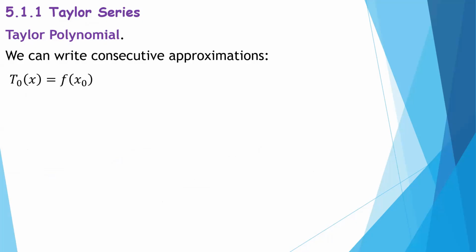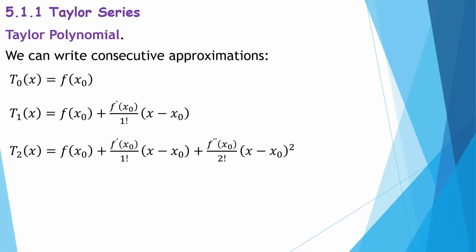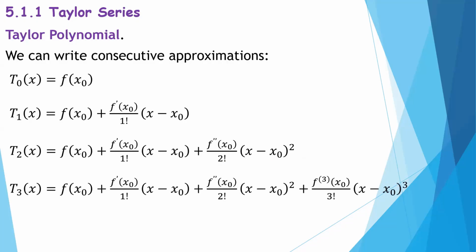It's just the value of f at x0. The Taylor polynomial of degree 1, T1, adds a term which is the first derivative of f at x0 times (x minus x0). T2 is T1 plus the term of degree 2, the second derivative at x0 divided by 2 factorial times (x minus x0) squared, and so on.